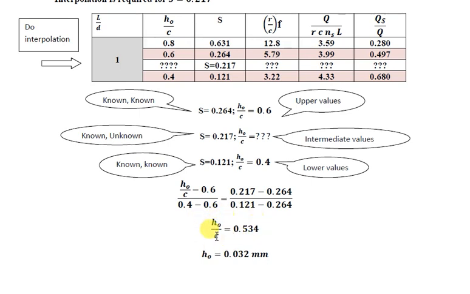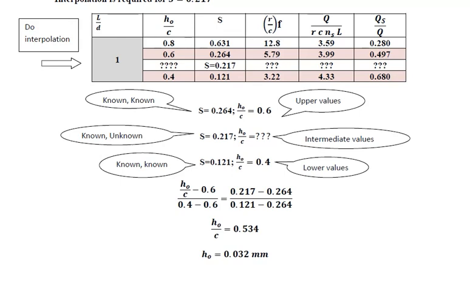So H0 upon C from the above linear interpolation, we will get H0 upon C is equal to 0.534, and corresponding 60 microns you have to multiply, and then H0 is equal to 0.0032 mm, and that will be the minimum oil film thickness for the given hydrodynamic bearing.